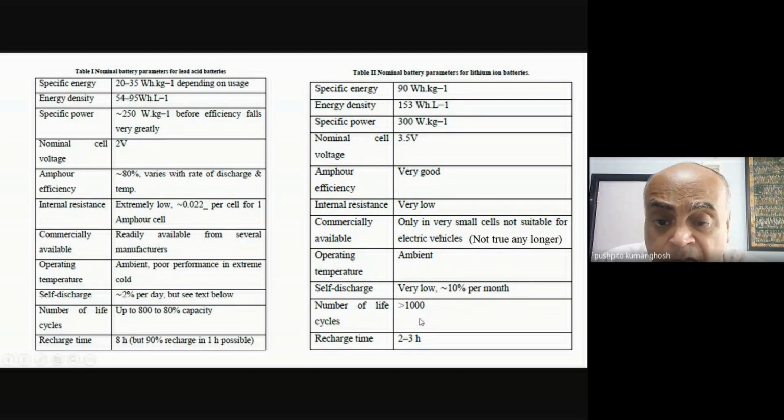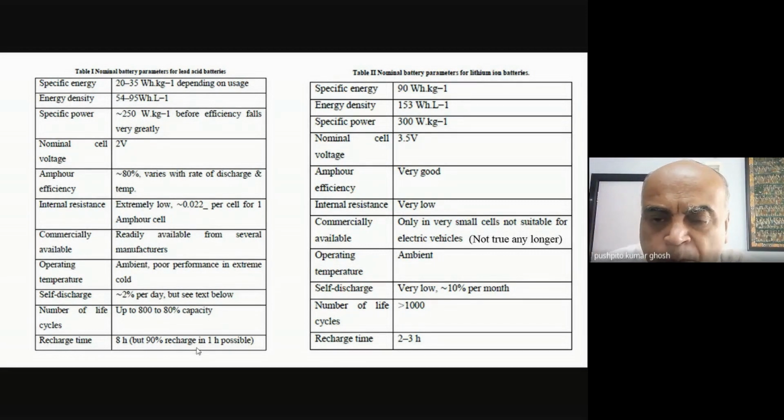It lasts much longer in terms of the number of cycles of charging and discharging that you can do. And another great thing is that once your battery is drained and you have to recharge it, lithium-ion batteries can be recharged faster than lead acid batteries. And today people are trying to go to something like 10 to 15-minute charging, because if you take your car to a garage, or to a petrol pump or whatever that equivalent is, and it has to be charging there for hours together, then how are you going to charge so many cars?